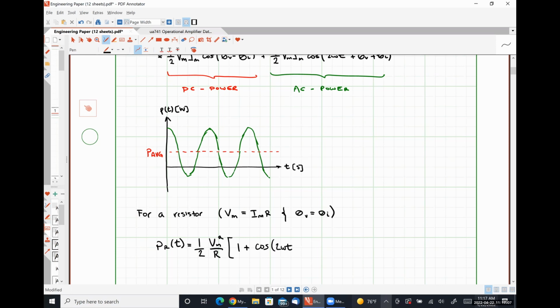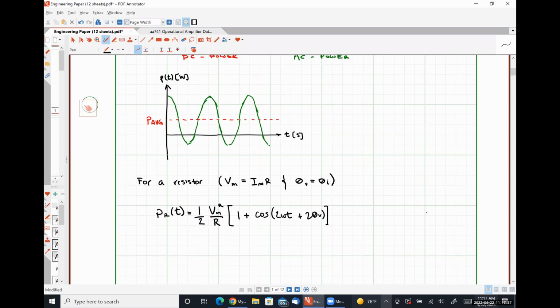But since theta V and theta I are equal, we could just call theta V plus theta I twice theta V. And we have now represented the instantaneous power absorbed by a purely resistive element only in terms of the voltage drop over that element.